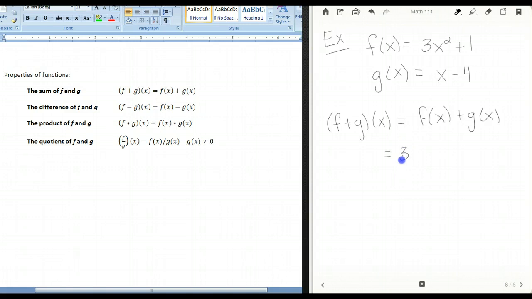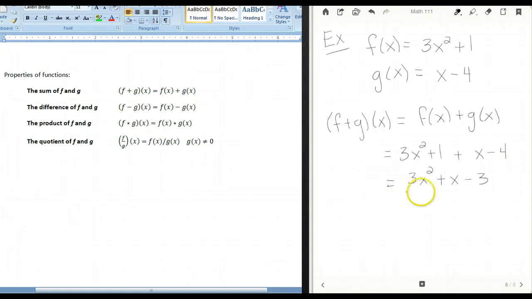So this means I do 3x squared plus 1, plus x minus 4. If you like, you can use little parentheses here to emphasize that it's f plus g. But really what we're going to do is add them together and combine like terms. So 3x squared plus x, and 1 and negative 4 is minus 3.